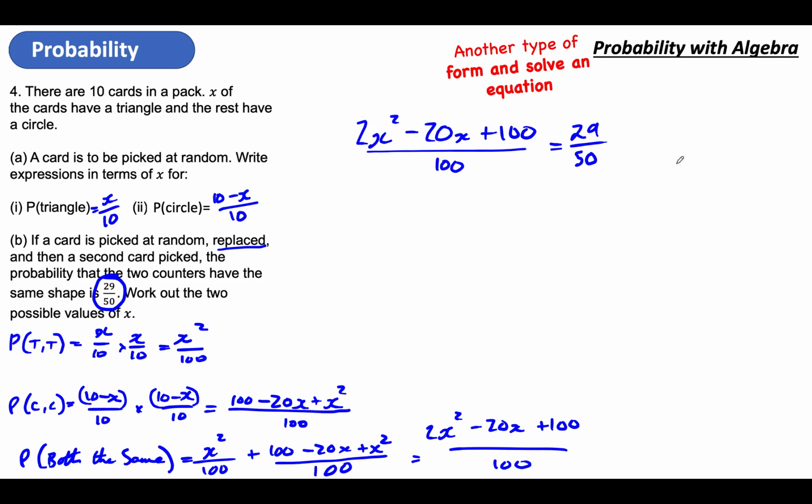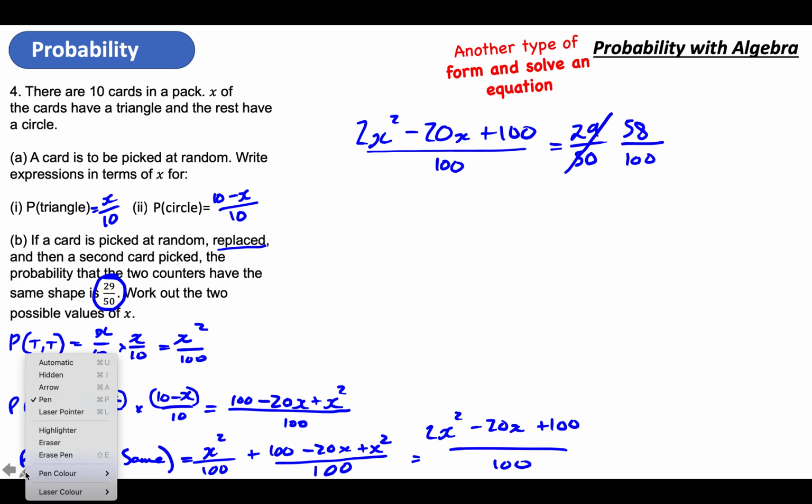Let's do a little bit of simplifying first of all here. Let's change the second fraction to being over 100. Let's double the top, double the bottom. That's going to make things easier, isn't it? Because look, I've now got this fraction, which is over 100, equals this fraction over 100. And all I've done is times top and bottom by 2.